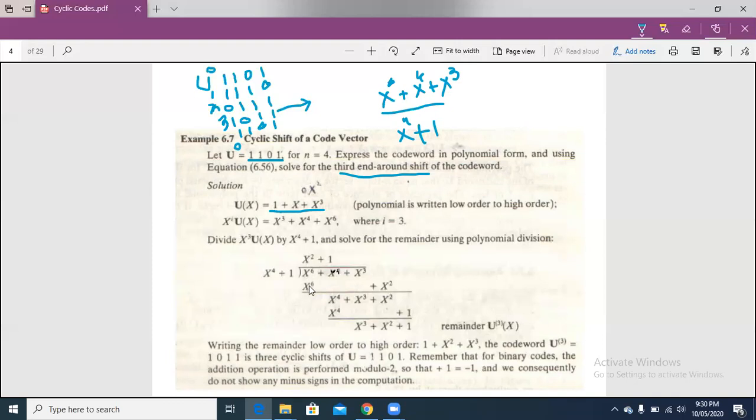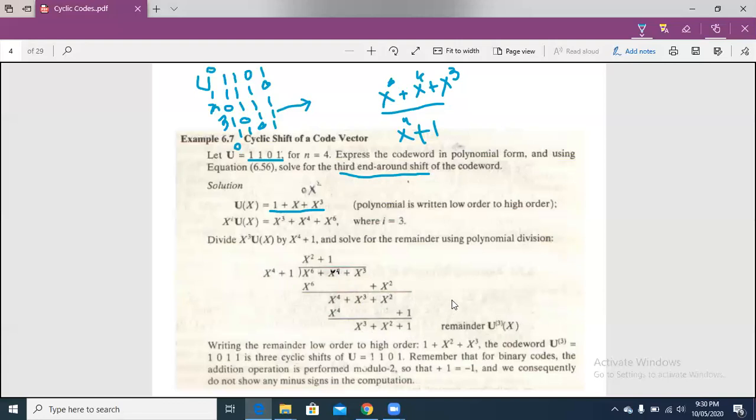So this is the exclusive OR operation. So we multiply it by x square. So we will get x6 plus x square, and these terms will cancel, and x4 plus x3 plus x2 will be the next term, and then we multiply it by 1, so we get x4 plus 1. So we will get x3 plus x2 plus 1. Now x4 is greater than x3, so this x3 plus x2 plus 1 is the remainder.